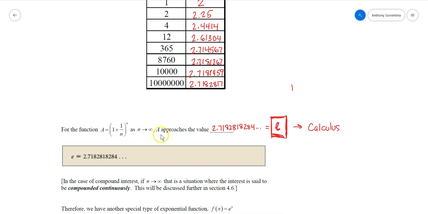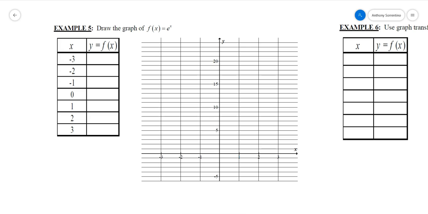So now that we have this exponential base, we're going to look at the function f of x equals e to the x and some transformations of that. Now, as we do this graph here, there's going to be a limit to how precise we can be, especially with a value that's irrational and has all these decimal places.